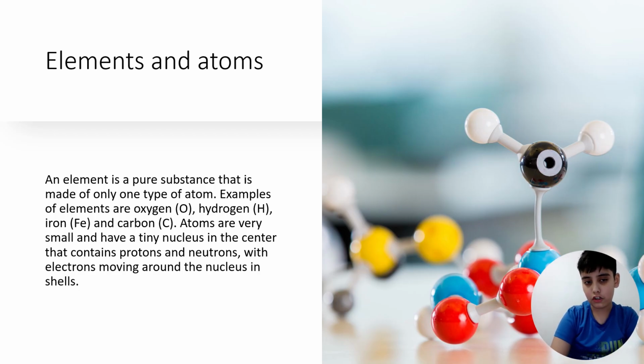Examples of elements are oxygen with the element symbol O, hydrogen with the element symbol H, capital, and iron with the element symbol Fe. You may be a bit confused. Why are oxygen and hydrogen similar to the element and iron is Fe? It doesn't make sense, does it?